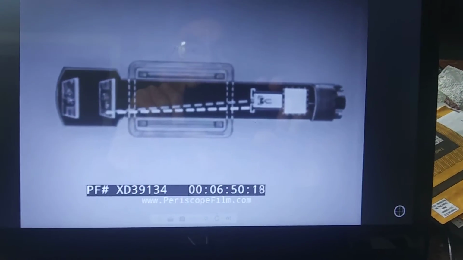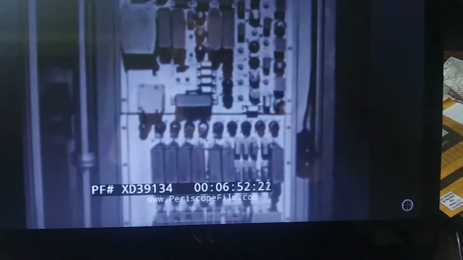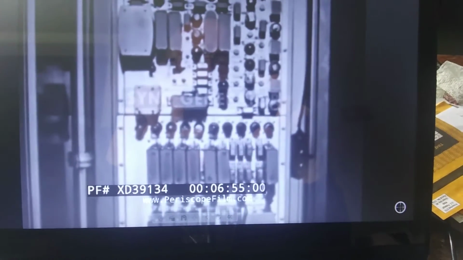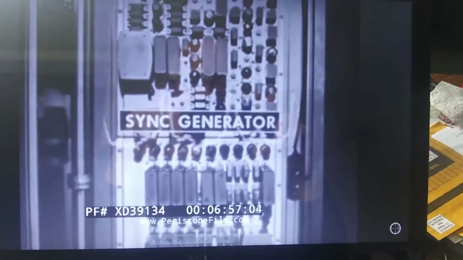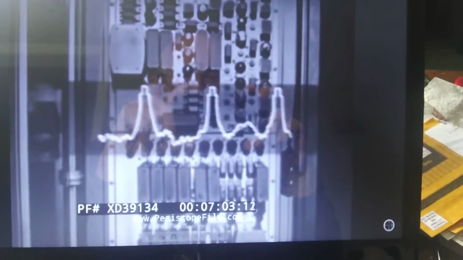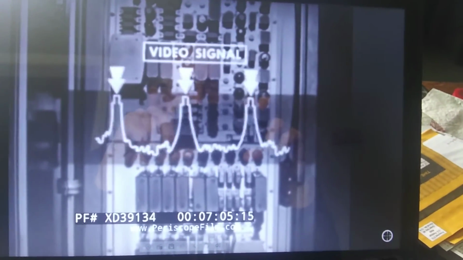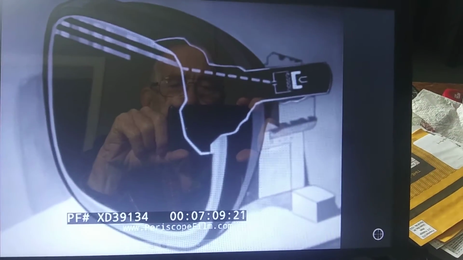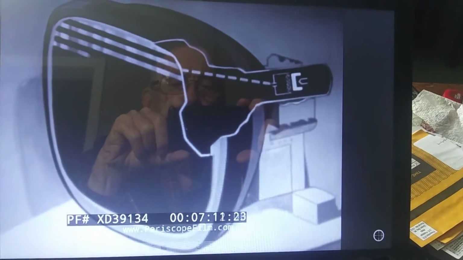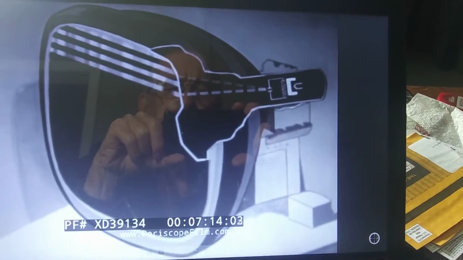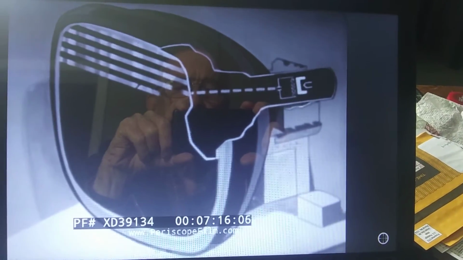The movement of the beam in the camera is accurately timed in the TV transmitter by a sync generator, which generates synchronizing pulses. These pulses are also sent out over the air as part of the video signal. In your receiver, these pulses synchronize the sweep of the electron beam to the station being received.